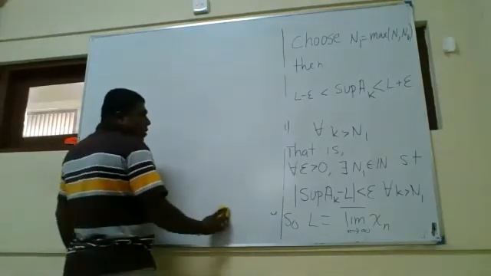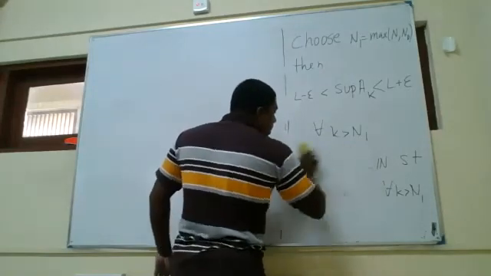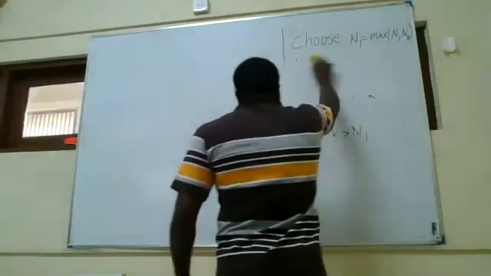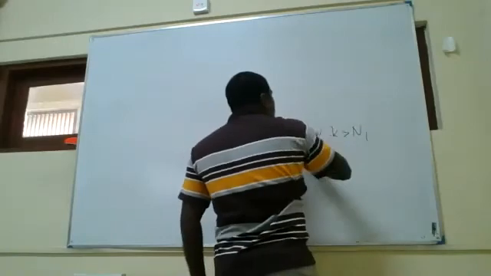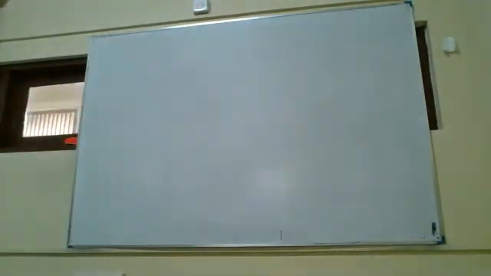So now we are going to develop a new criterion for convergence in terms of upper limit and lower limit. We are going to say the sequence converges if and only if the upper limit and the lower limit are equal to each other. So that is what we are going to do now.